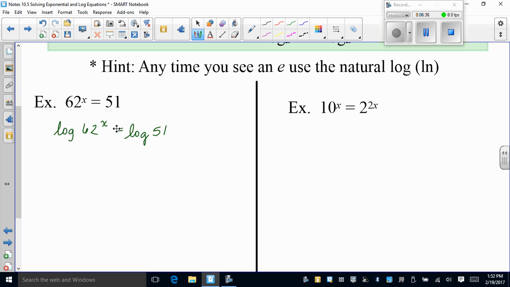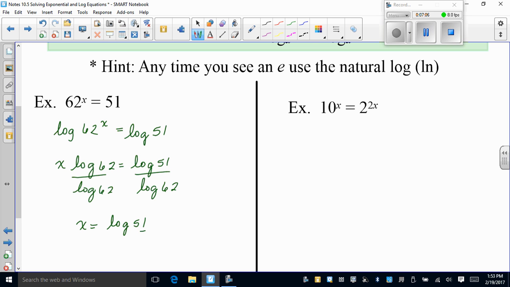So now we have x log of 62 equals log of 51. Divide both sides by log of 62, and we get x to be log of 51 over log of 62.